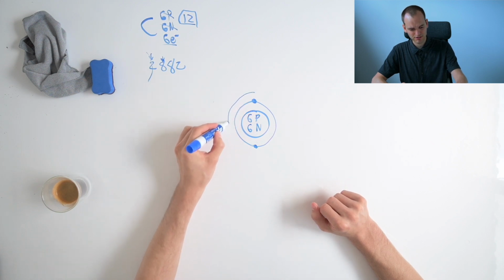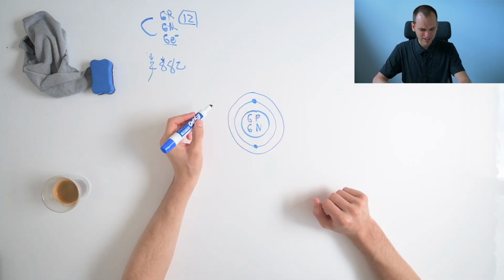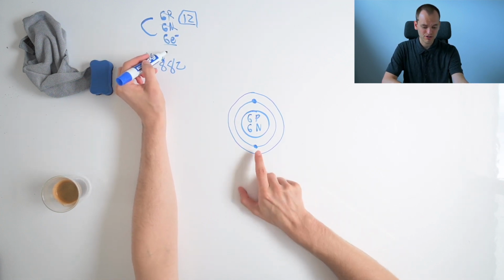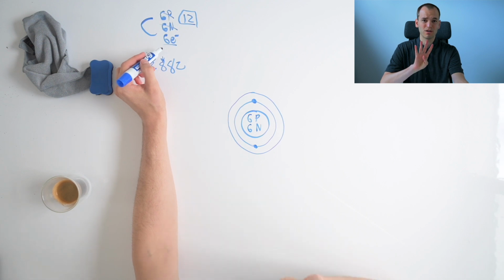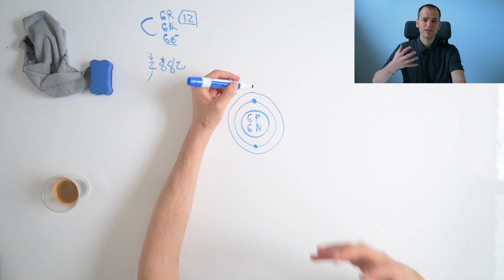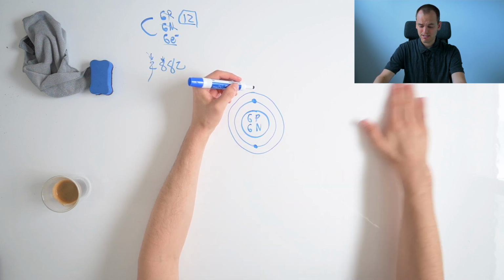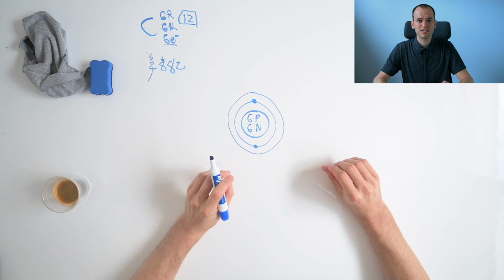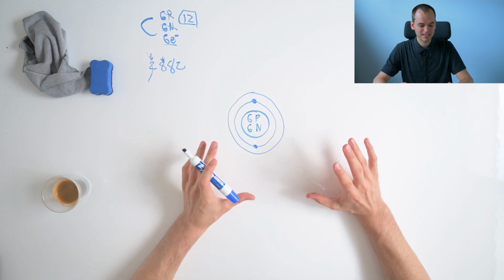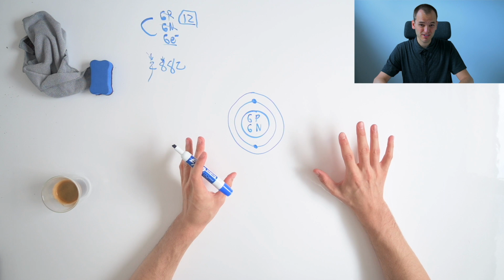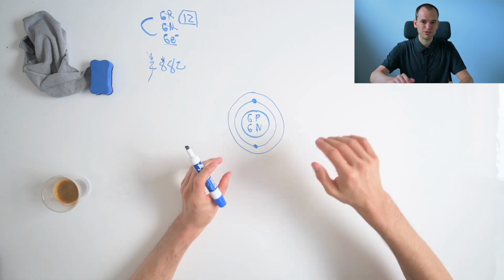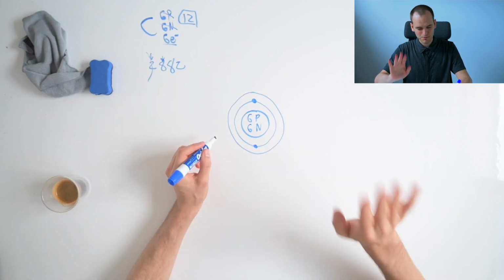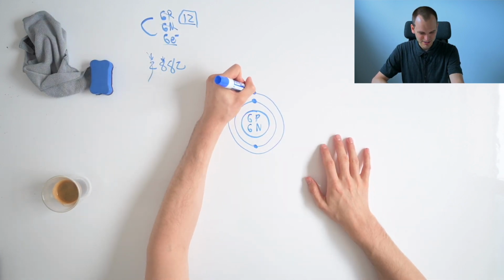So we have to draw another circle, which is a lot harder than you think. In this, we have a total of 6. We've already drawn 2, so that means we're going to have 4 electrons left. Now, how I do this can be different than how you do this, and that's fine, but the way I do it makes sure that you don't make any simple mistakes with counting your electrons, and it also helps you get ready for grade 11 and grade 12 or the IB or whatever you're going to be studying after this with chemistry.